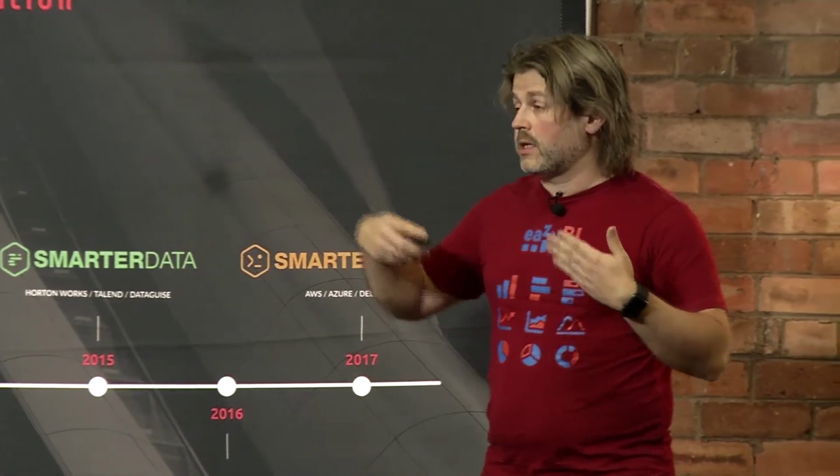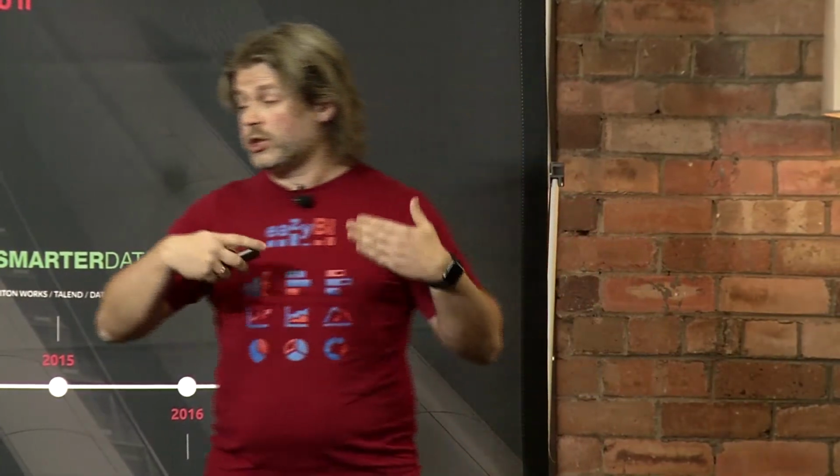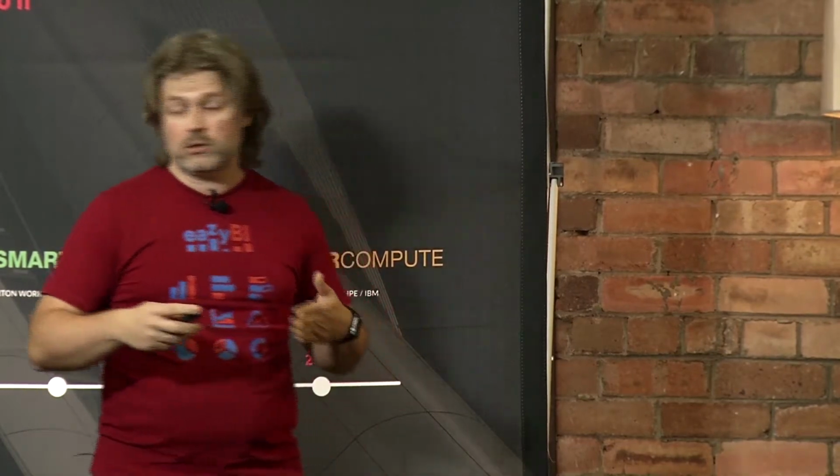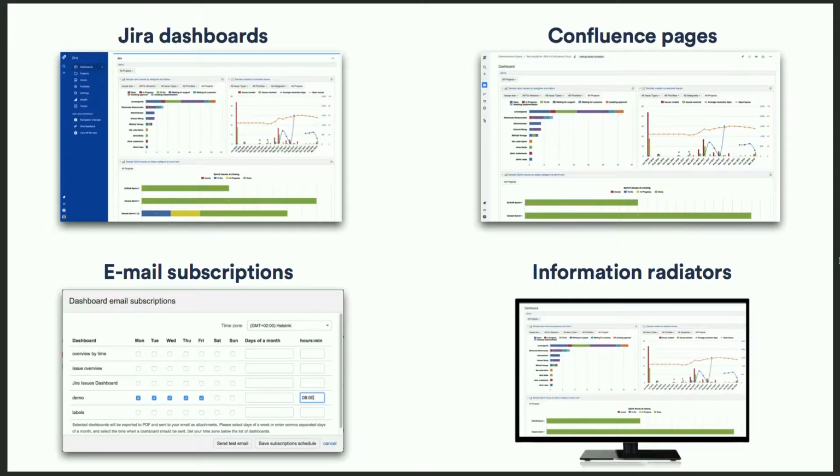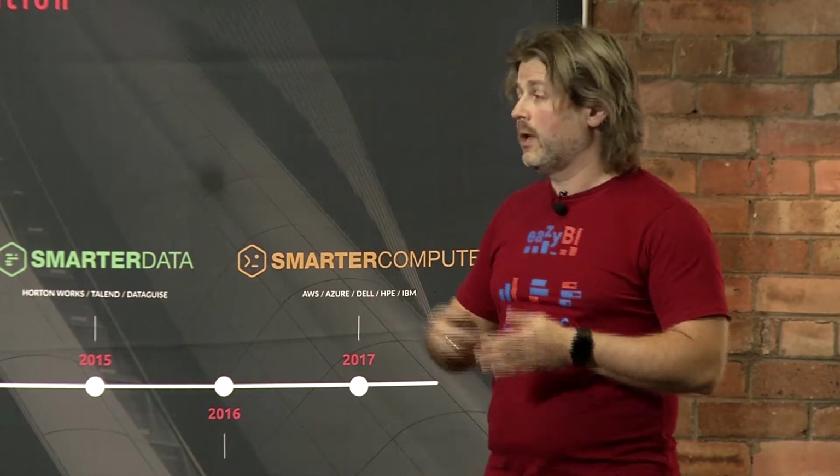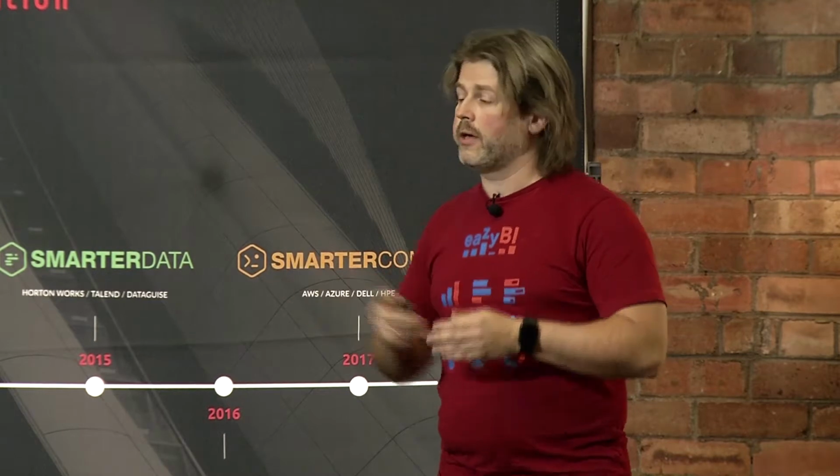The first thing that I already demonstrated is that you can publish EasyBI reports and dashboards on Jira dashboards and put them on the front of Jira for any team member. Then if you are using Confluence for your project data, you can embed EasyBI reports and dashboards in Confluence pages as well, so that everyone who needs that sees that.